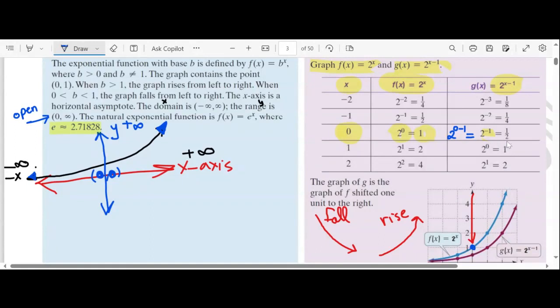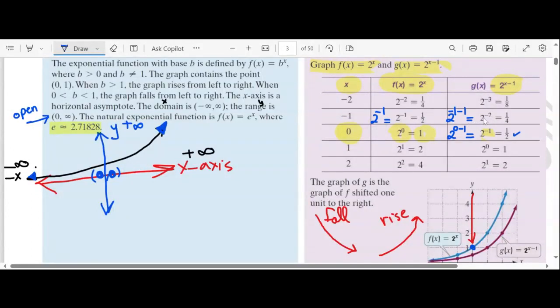How much is 2 to the power of negative 1? Half. Is this clear? What about the one here? If it's 2 to the power of negative 1, it equals half. Here, 2 to the power of negative 1 minus 1. That gives you what?